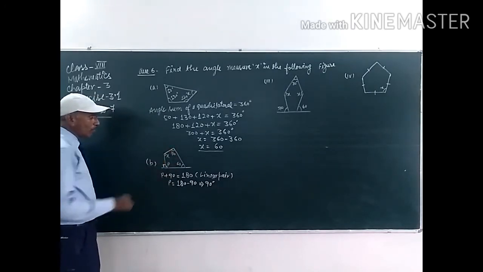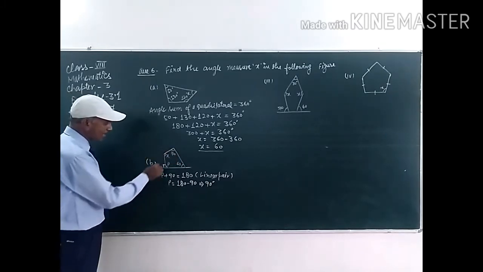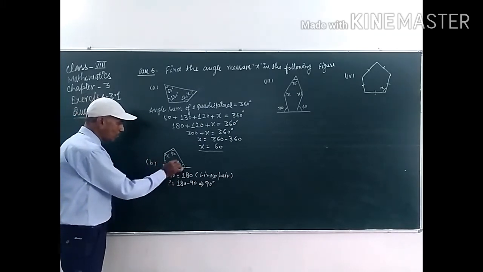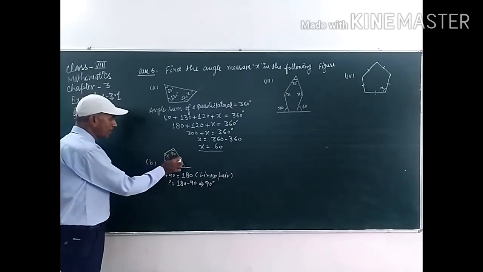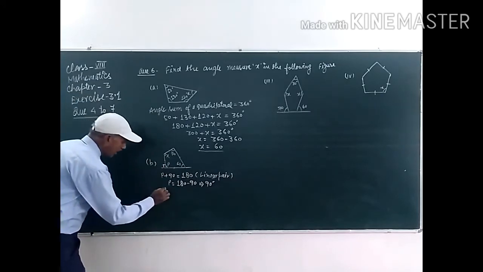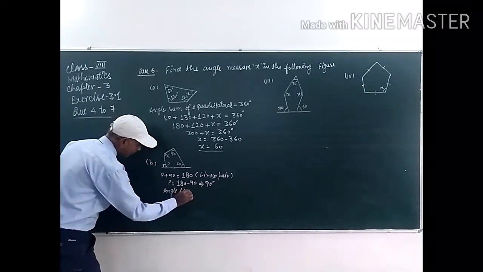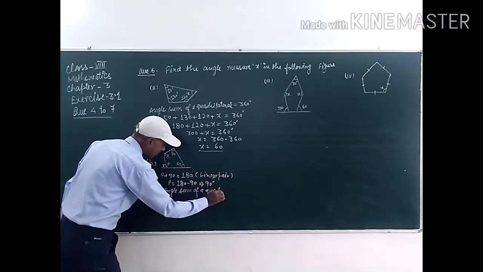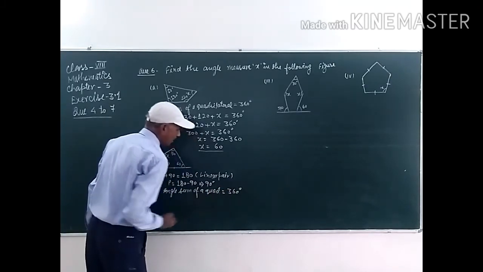Now we have to find out the angle sum property of this quadrilateral, because this one is also a four-sided figure, student. This one side, 2, 3, 4. So this one is a four-sided figure, therefore it is a quadrilateral. So angle sum of a quadrilateral is equal to 360 degree.